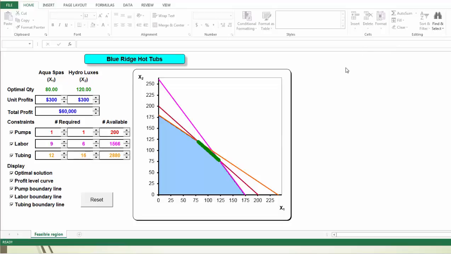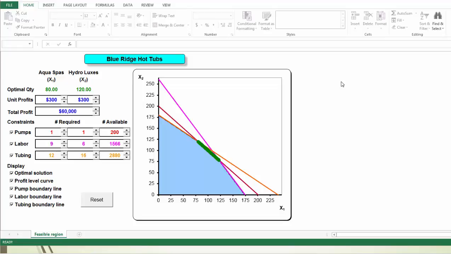To sum it up, when we decrease the unit profit of Aquaspar until it reaches 300, the optimal solution remains the same, that is (122, 78). If the actual decrease is more than 50, then chances are we are going to have a new optimal solution.